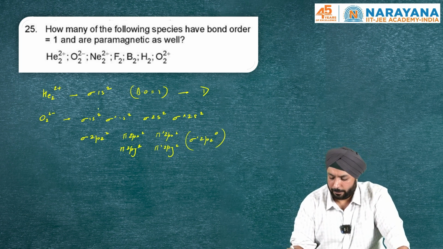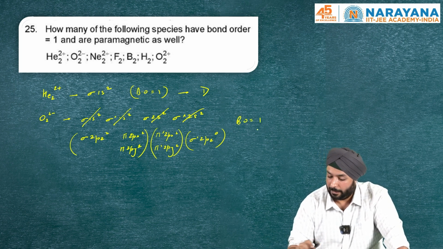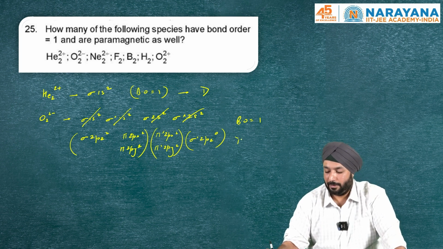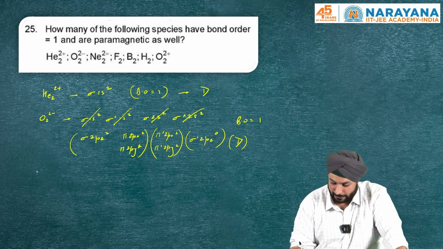Check bond order. Anti-bonding and bonding get cancelled. You have 6 bonding to 4 anti-bonding, so bond order comes to be 1. But again, it is not paramagnetic. It is diamagnetic because you don't have any unpaired electron. Next, Ne2 2 plus.